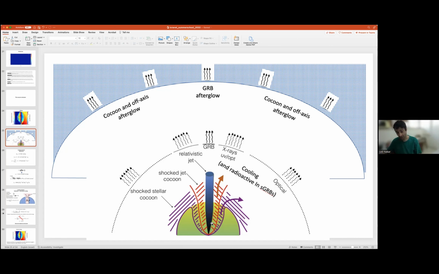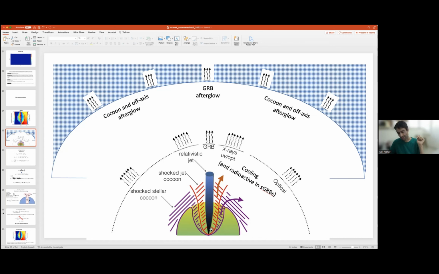The fastest material will get up to a Lorentz factor of about 3, and then we'll get material going all the way from a Lorentz factor of 3, which is the one escaping first, down to a velocity of 0.1 c, which is material escaping from the base.